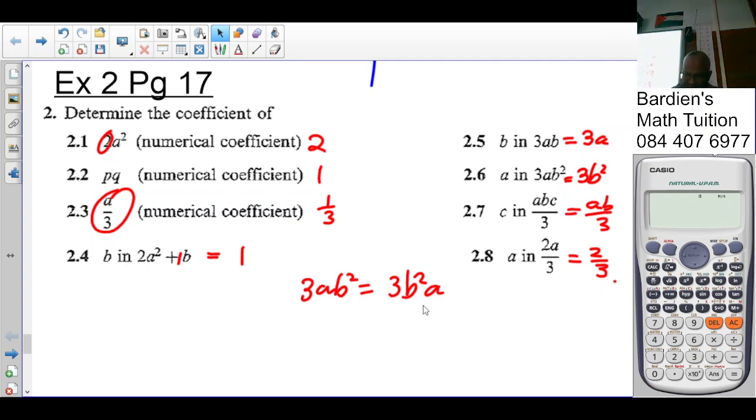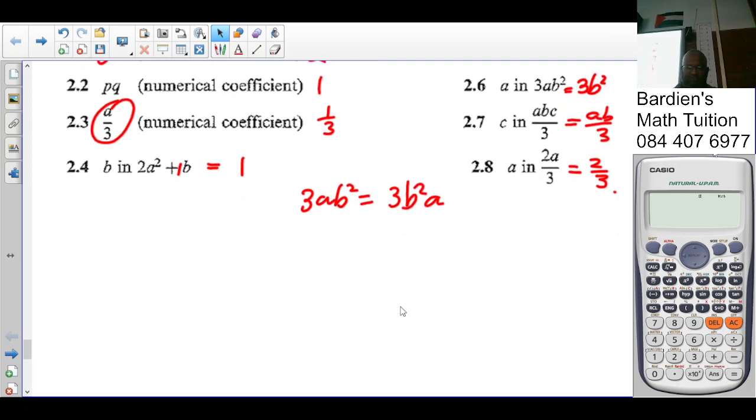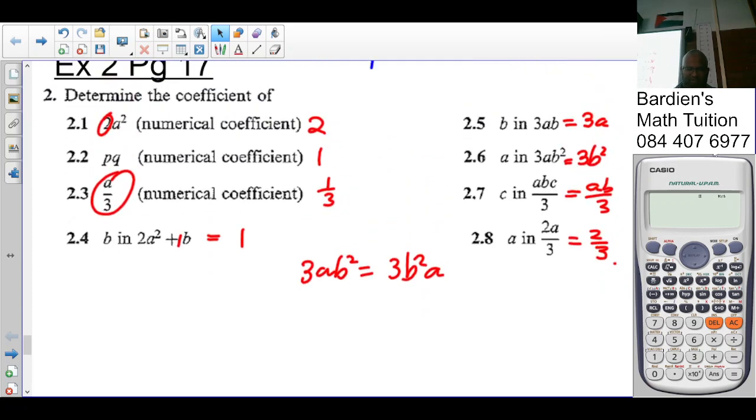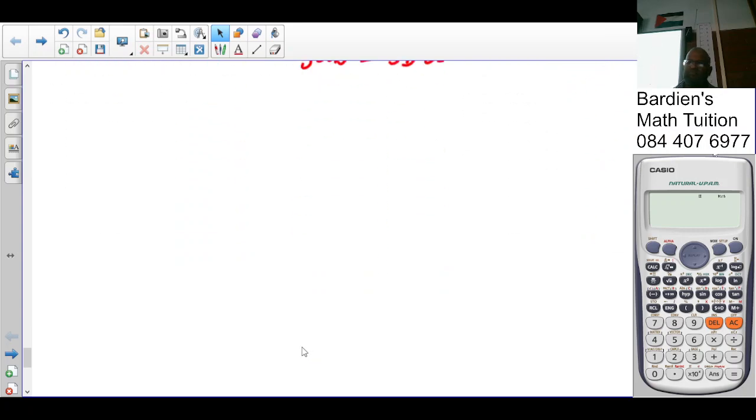So now we're going to look at simplification of expressions. Simplification of expressions. What's your new heading? Better than BODMAS? Yes. But listen, you must remember that all the rules of BODMAS still apply to algebra.